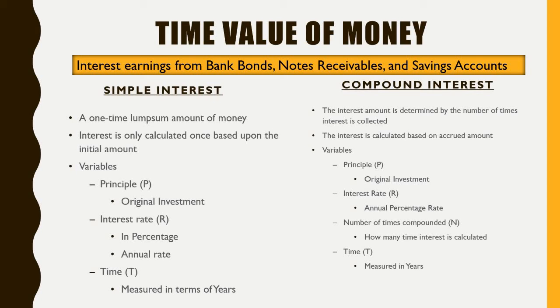Key components that are entailed are going to be your principal, which is your original investment, and your interest rate, okay? So it'll be a percentage. A percentage will always be an annual rate unless it's specified that it's every month, okay? But usually interest rates are going to be understood as an annual rate.